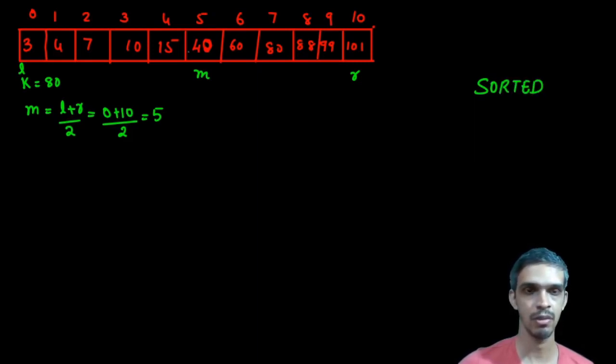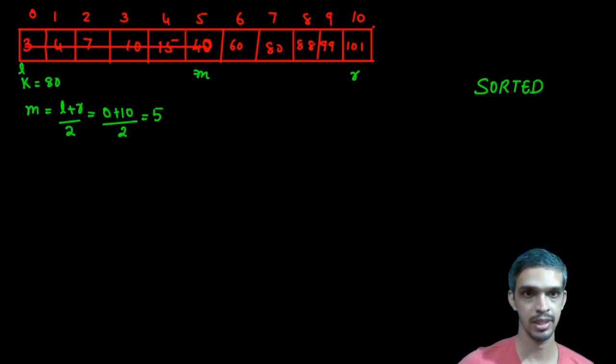So 40 is less than 80, which means that there is no point in looking at the left side of 40, since this is a sorted array. So we need to look at only the rightmost part.